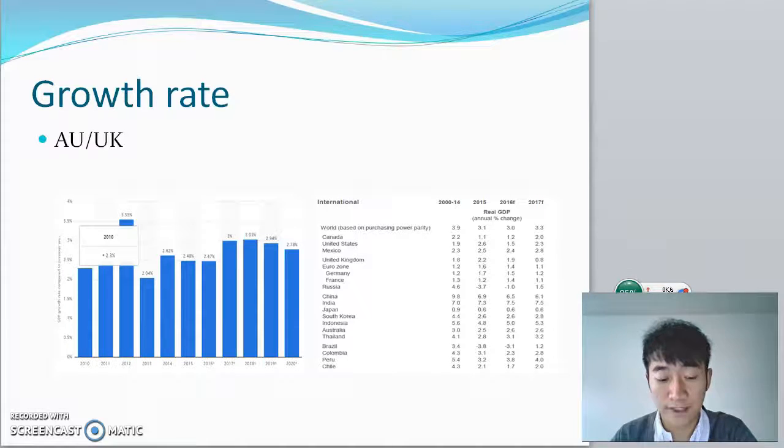A comparatively higher GDP growth rate will increase the import of Australia from its trade partner, the United Kingdom, which leads the supply of Australian dollar to increase. The supply curve of Australian dollar will shift to the right.